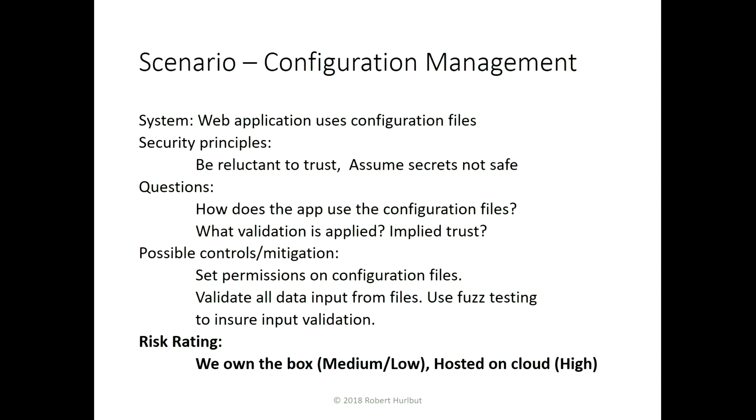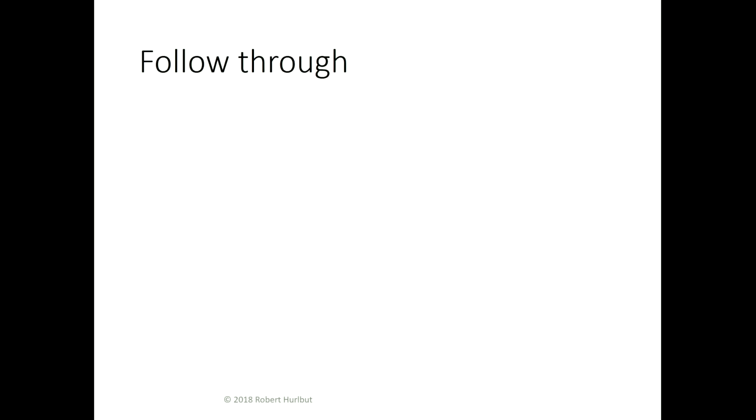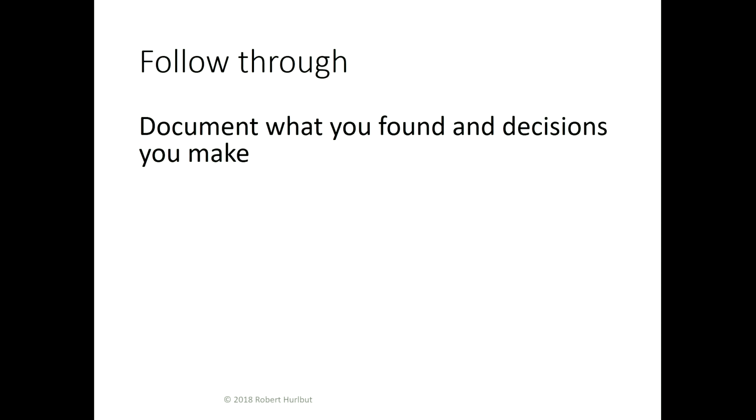Do we change the configuration file? Do we push our password somewhere else instead of the configuration file? Things like that. So again, mitigations and risk identified to deal with the threats. The follow-through is really just coming back to, okay, now we've gone through this exercise, we've figured out a few things, what do we do next?